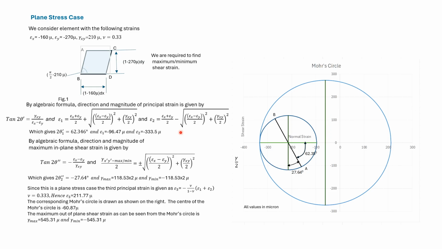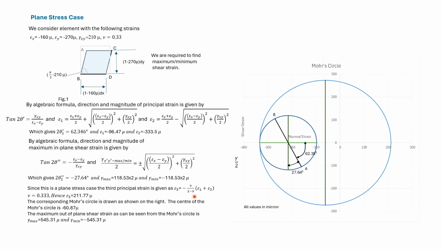We need to find epsilon-3 to understand whether the maximum in-plane shear strain and the minimum in-plane shear strain will be the absolute maximum shear strain. Using formula, we find out the direction and the magnitude of the maximum and minimum in-plane shear strain.